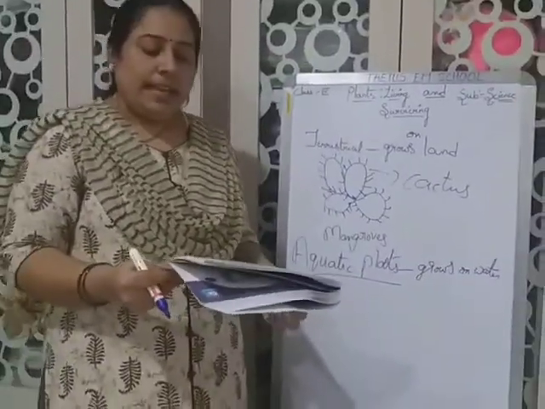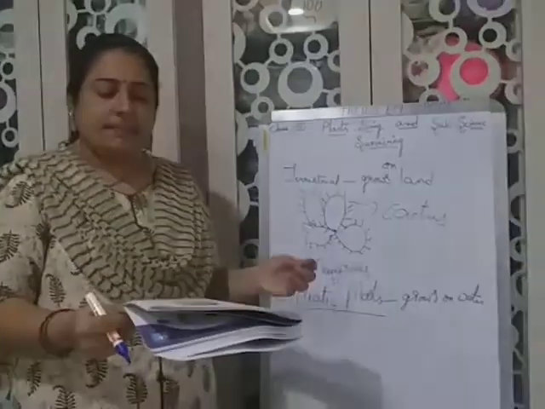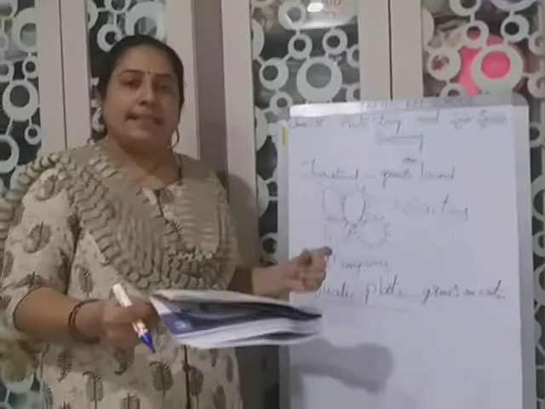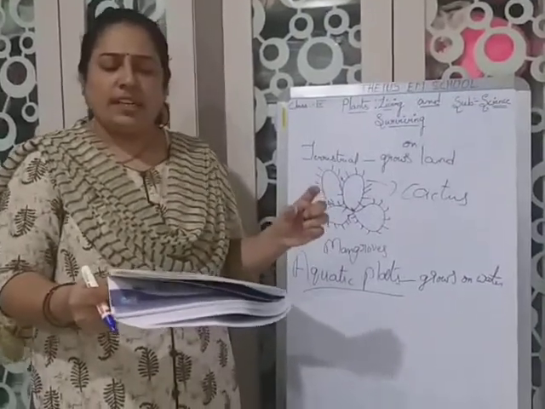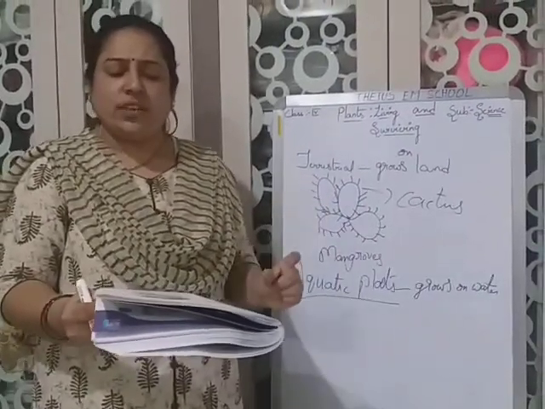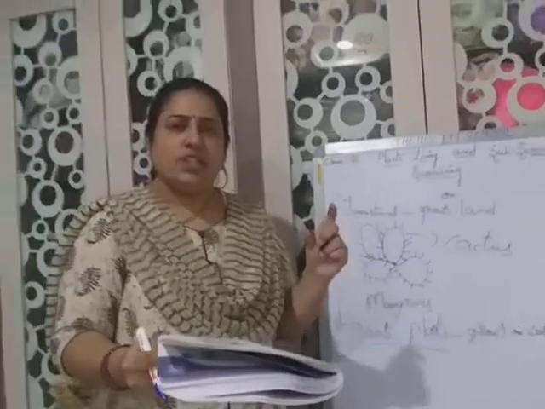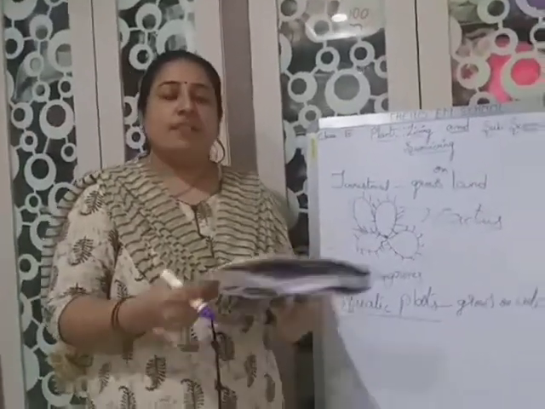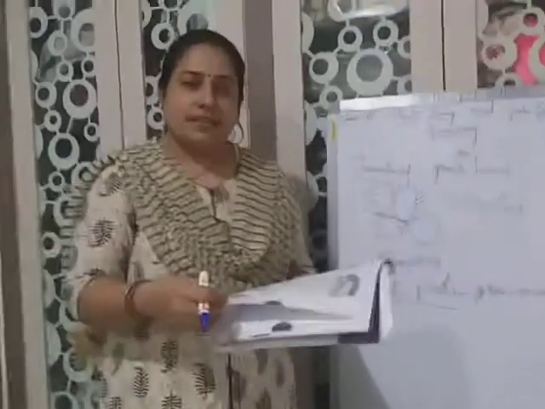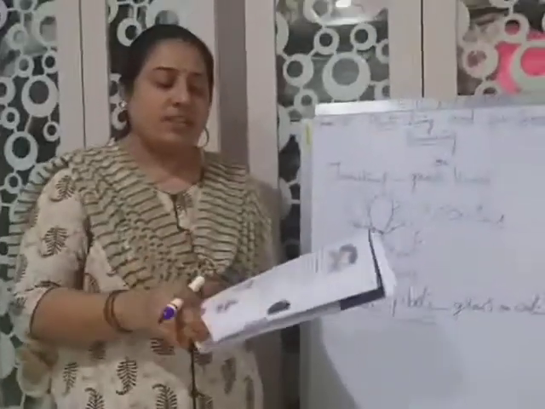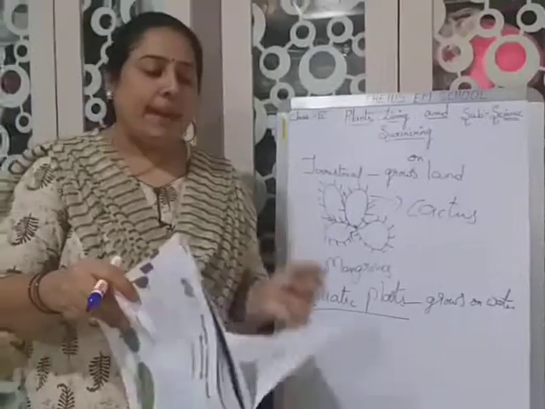Duckweed, water lettuce and water hyacinth are some such plants. These plants protect small water animals from the heat of the sun. That is the main advantage of these floating plants.